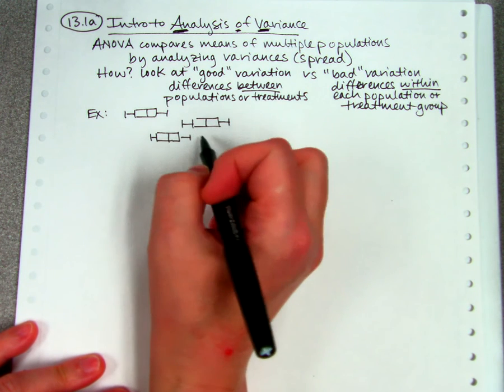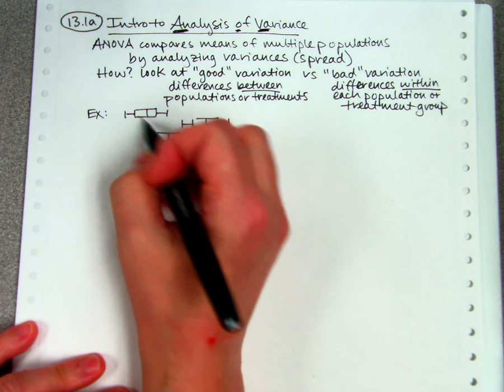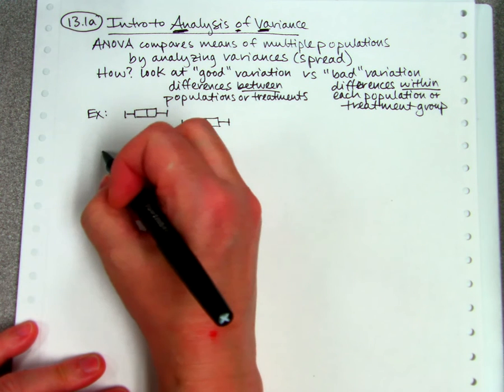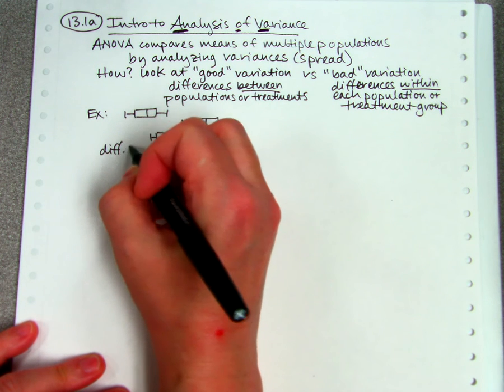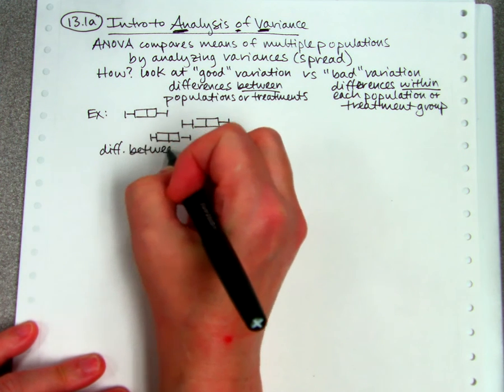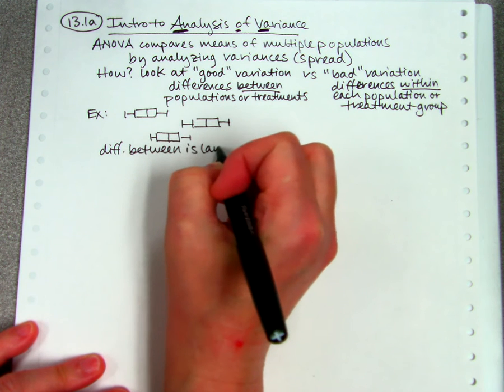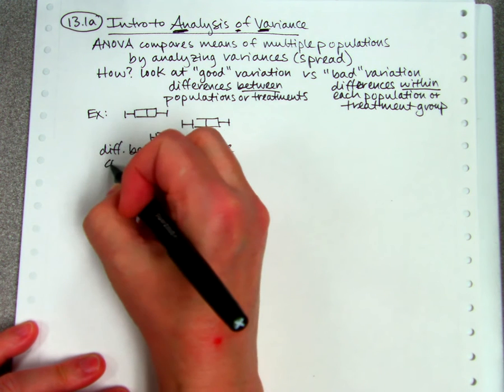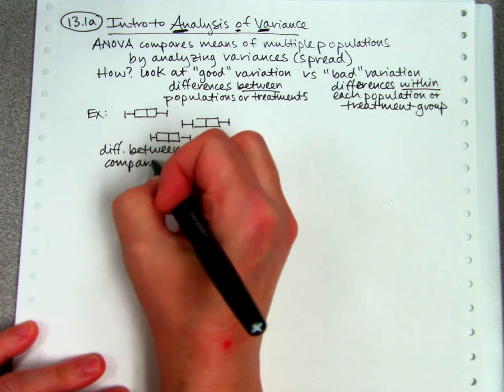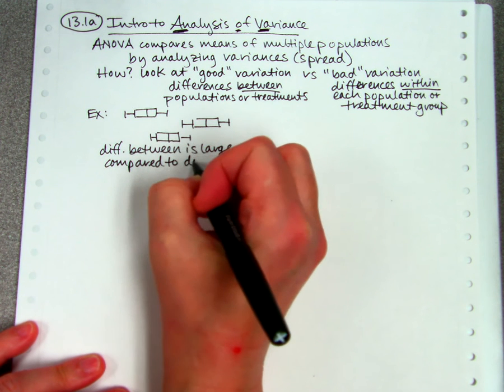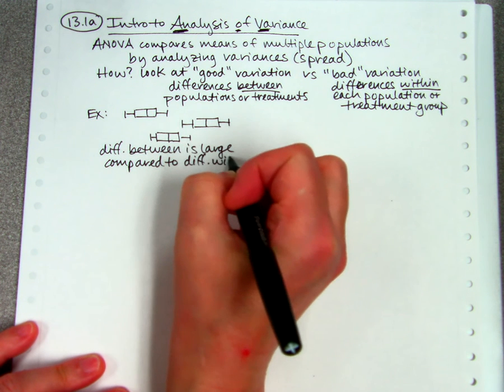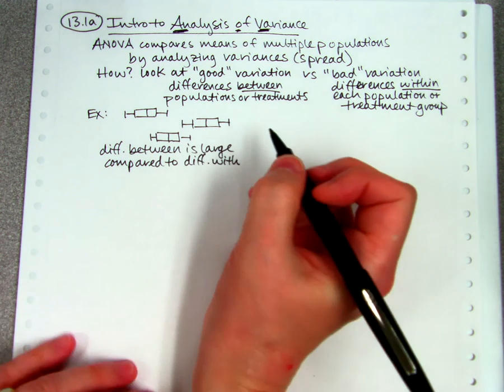There's no overlap. This one's in the middle, but there are definitely 3 different things. The difference between is large compared to the difference within. In other words, the good is more than the bad in this case.